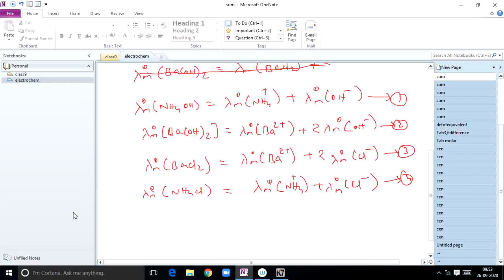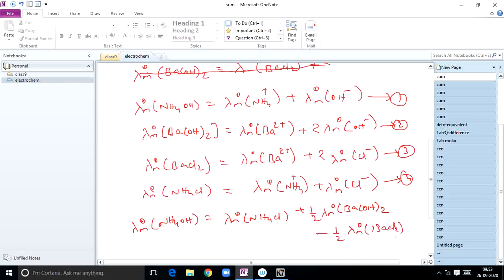So what I want to do is, finally I want to get that lambda m naught of ammonium hydroxide is equal to lambda m naught of ammonium chloride plus half into lambda m naught of barium hydroxide minus half into lambda m naught of BaCl2. If I do this, I will get the answer.